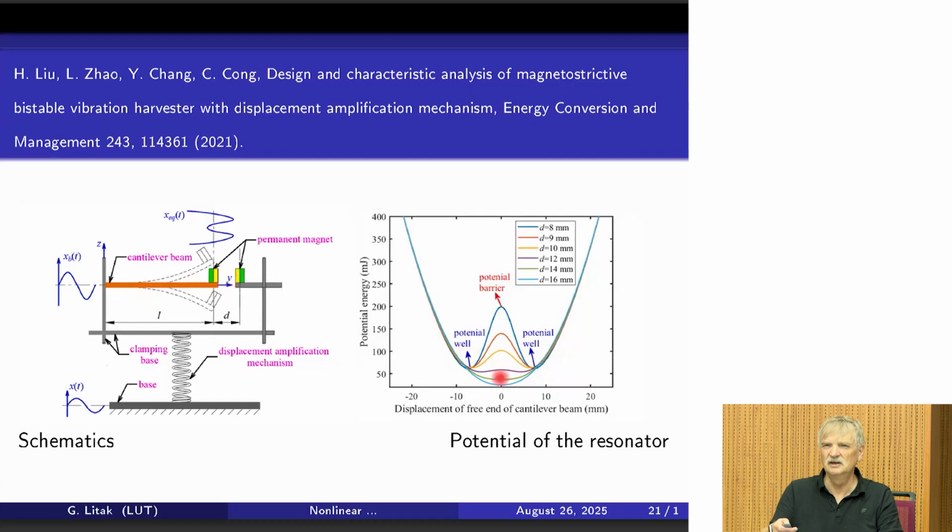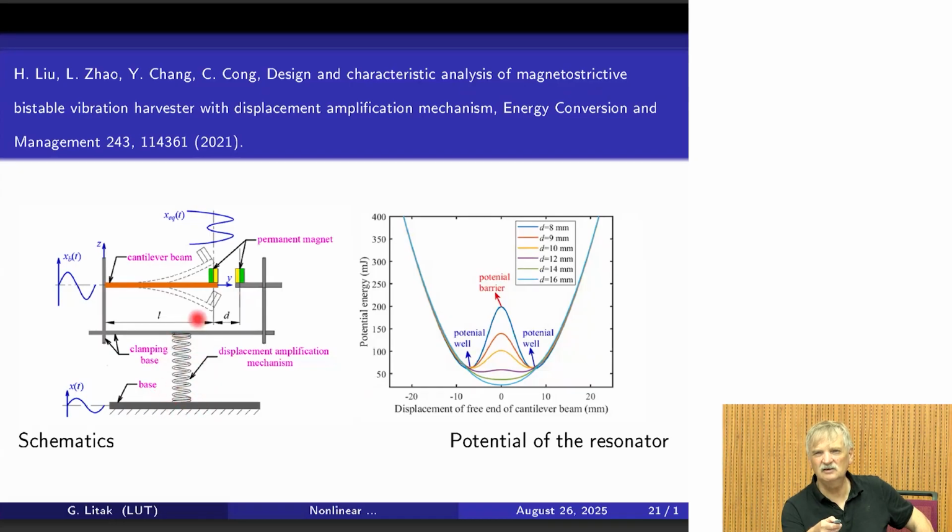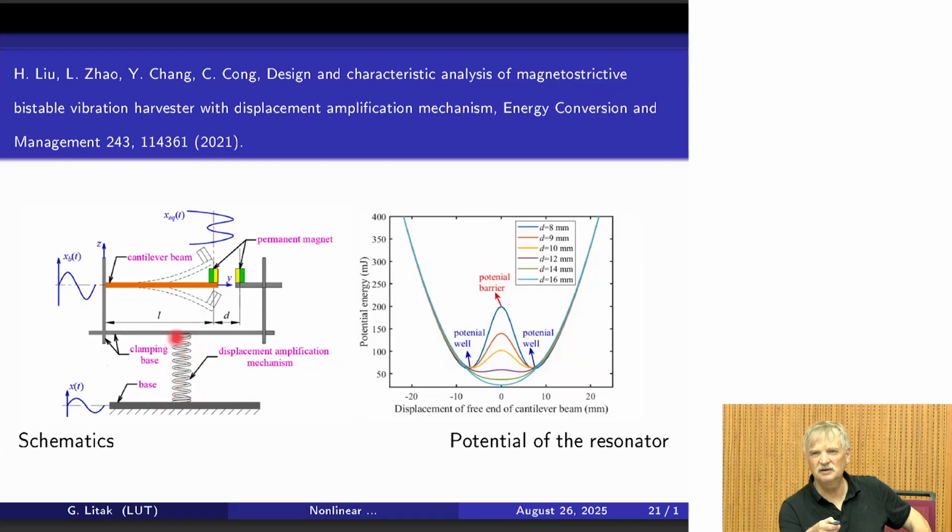So you have some additional barrier to equilibria, like before, and the difference to the previous system is that you have an additional spring. You have an additional spring because the excitation is to the basement, and the frame is connected with the base of excitation by some spring.